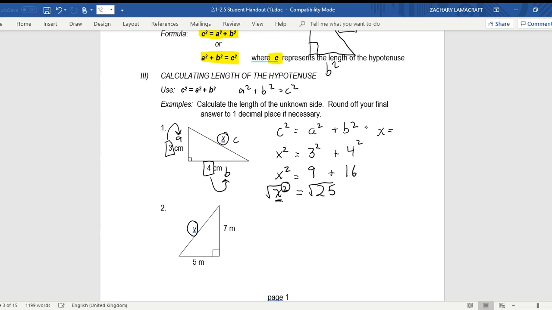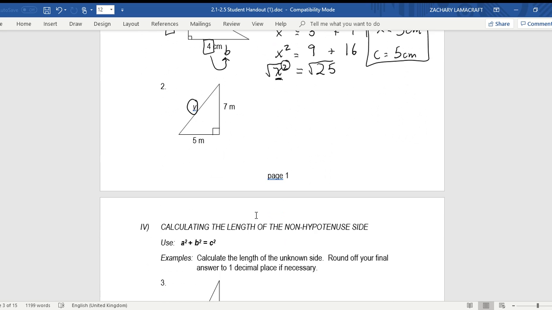So it'd be x is equal to the square root of 25. And if we plug that on our calculator, it would be x is equal to 5. Or in this case, c is equal to 5. So we know that the answer here is 5 centimeters, and that is the unknown side length that we don't have. Okay?